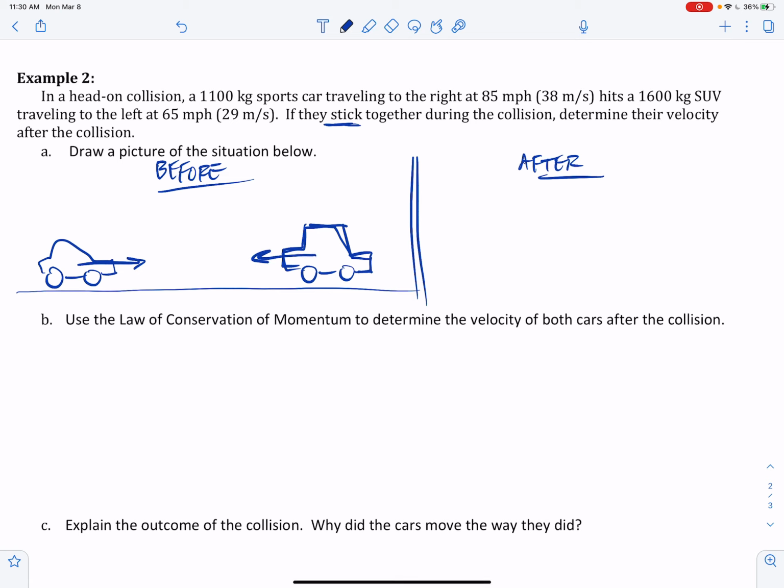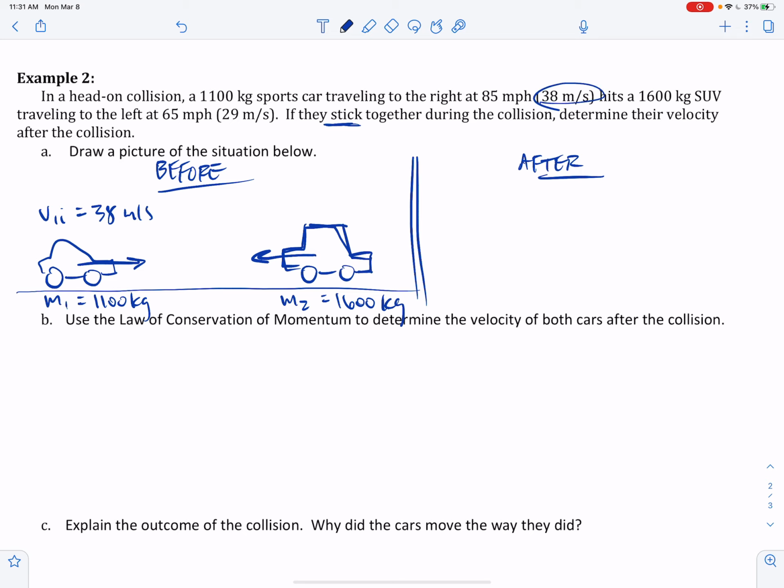So I know that the mass of the sports car, I'm going to call that object 1, is 1,100 kilograms. I know that the mass of the SUV, I'm going to call that object 2, is 1,600 kilograms. I'm going to call this V1 initial. The velocity of the sports car is 38 meters per second.